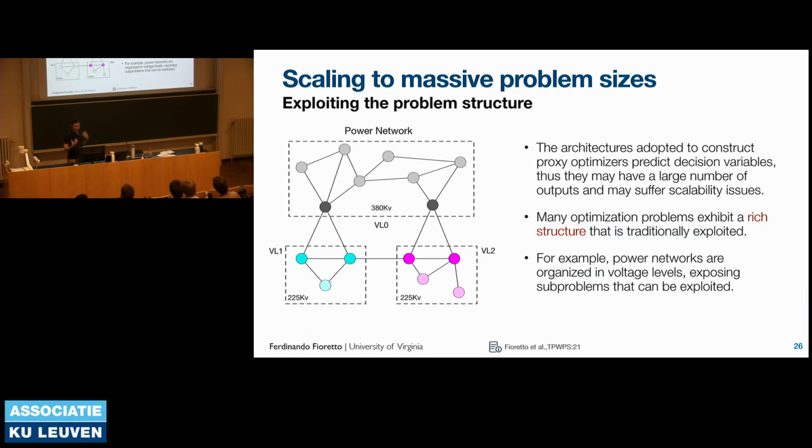But those problems that we want to learn can be massive, right? Think about this. We have, for example, networks of, say, 1,000 buses. So the input of your network is a vector of maybe size 2,000, because those quantities are typically expressed as complex numbers, so you have 2 units.